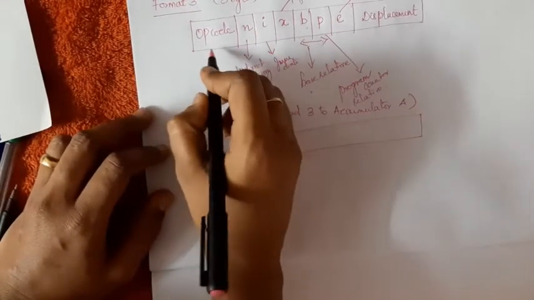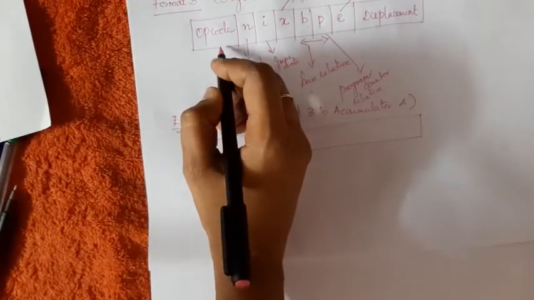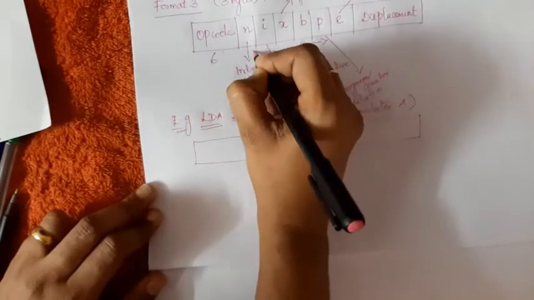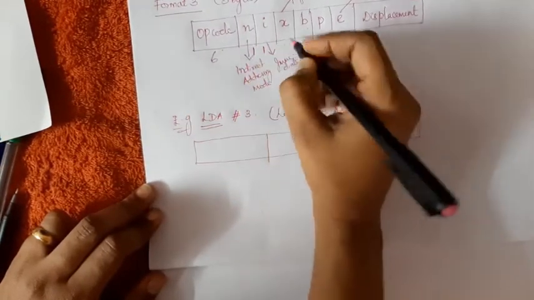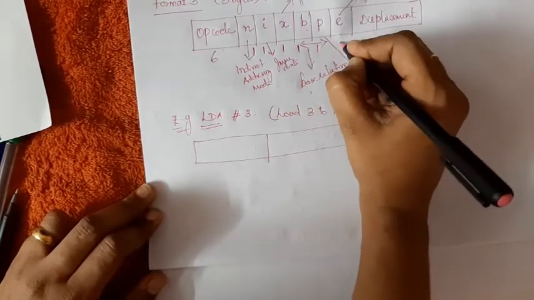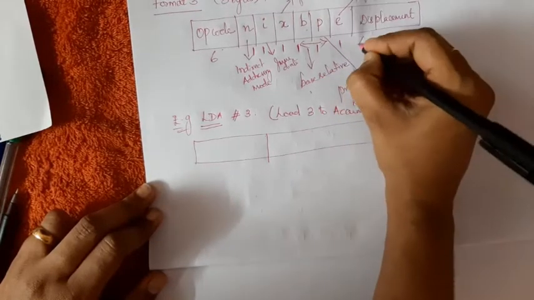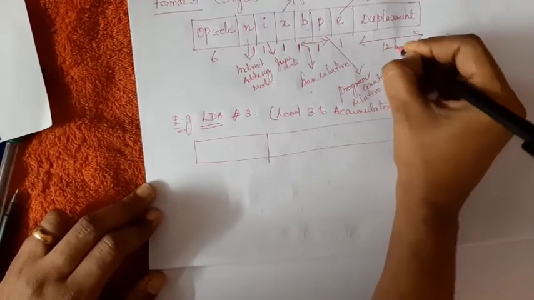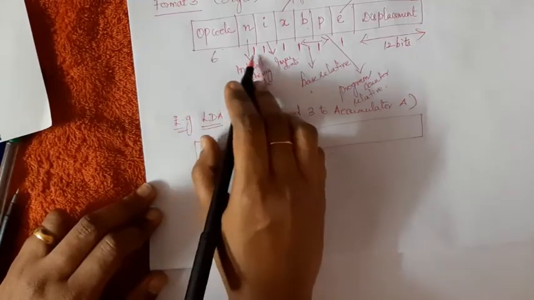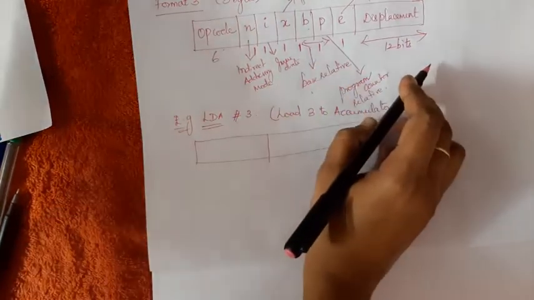Okay, and one more thing, we have to see the number of bits it holds. Opcode holds 6 bits and N holds 1, I holds 1, X holds 1, B holds 1, P holds 1 and E holds 1, and this displacement holds 12 bits. Okay, so 6, 1, 1, all such things.